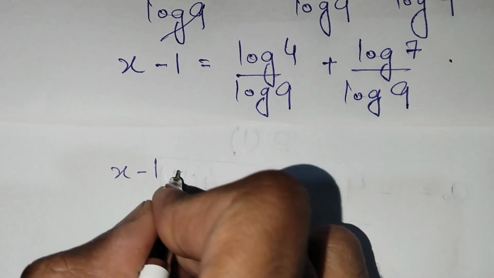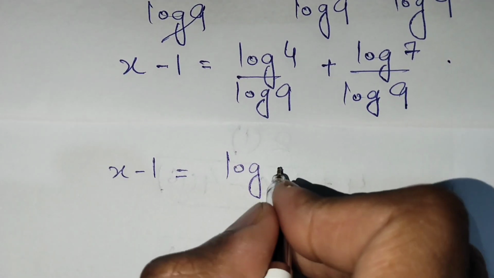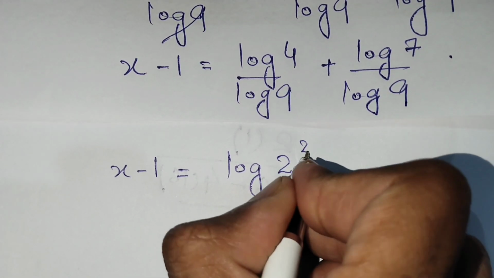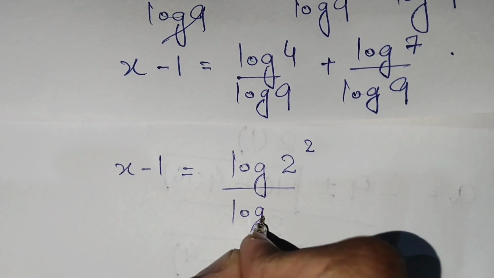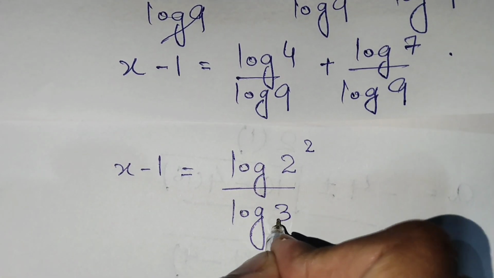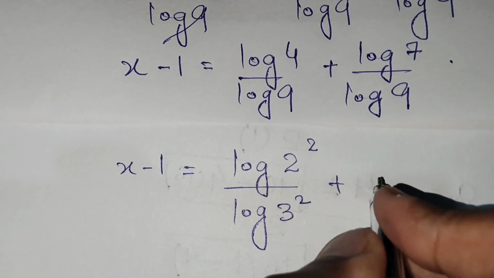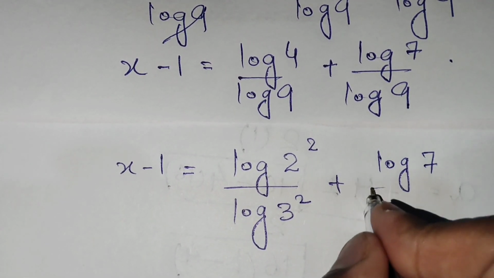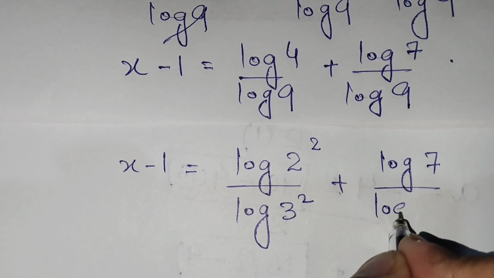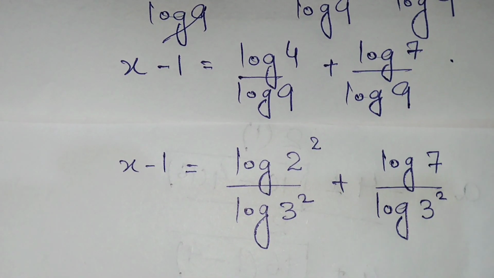Now x minus 1 is equal to log of 4, which can be written as log of 2 square, divided by log of 9, which can be written as 3 square, plus log of 7 divided by log of 3 square, which is 9.